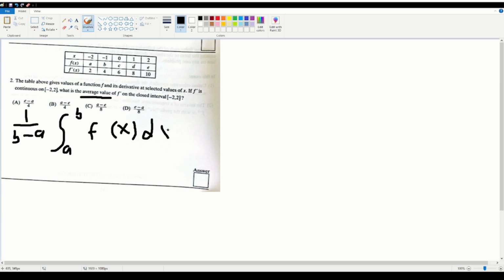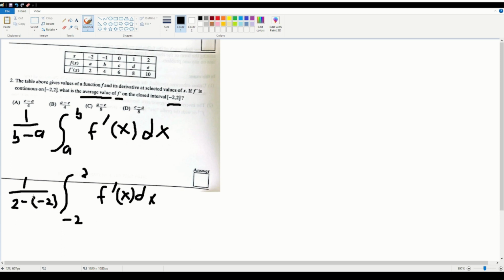In this case, it's asking for the average value of f prime, so we're going to use f prime, and we're given the bounds, so it's 1 over 2 minus negative 2, times the integral from negative 2 to 2 of f prime x dx.